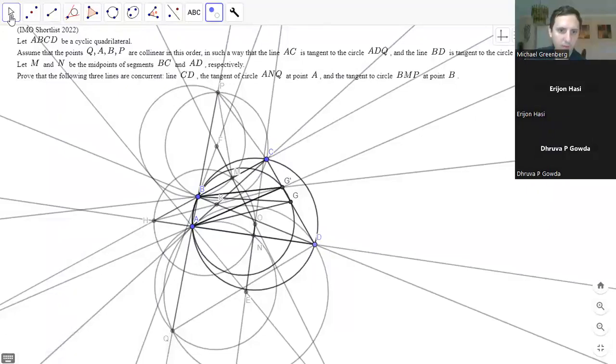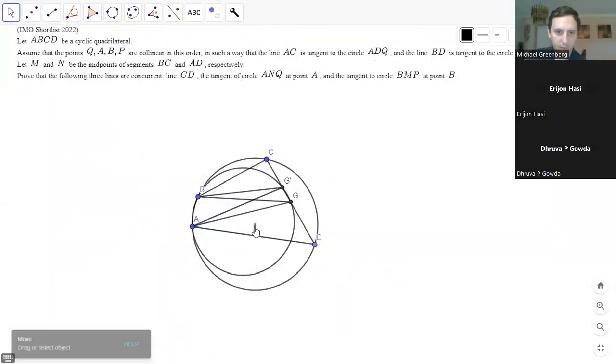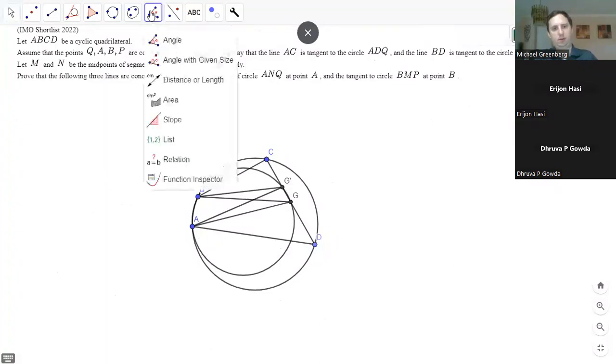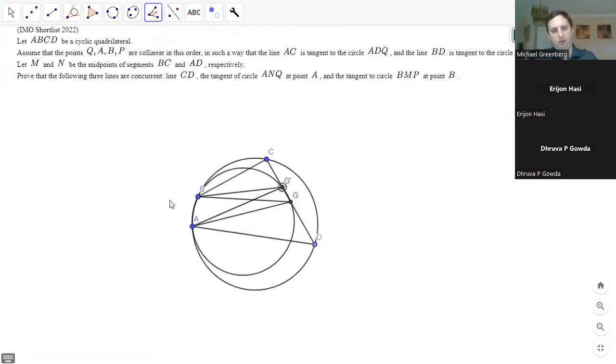Let me do it this way. We want to show G prime BC is DAG. Or equivalently, we could show CBG is DAG prime.